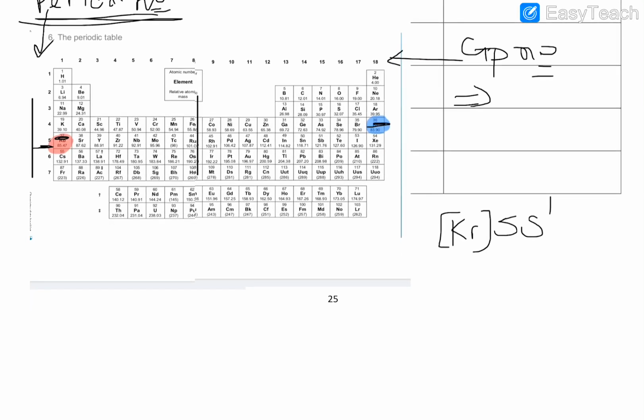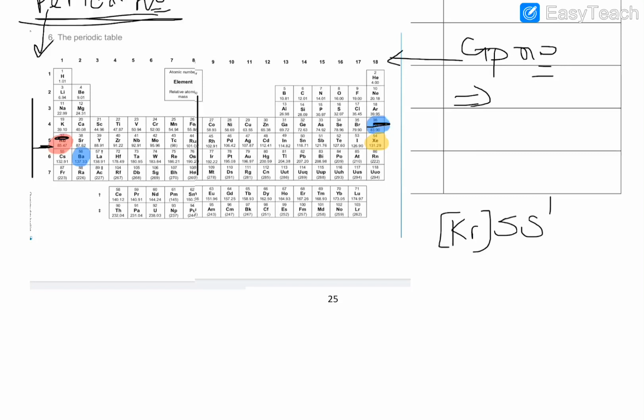Okay, so let's say I want to write for barium. I look at the noble gas that is just before barium, so it's xenon here.